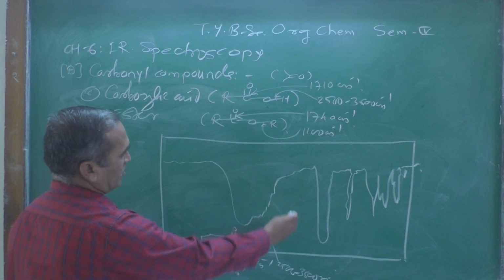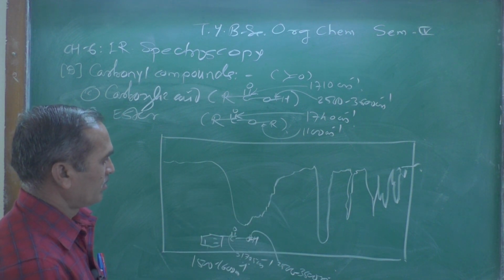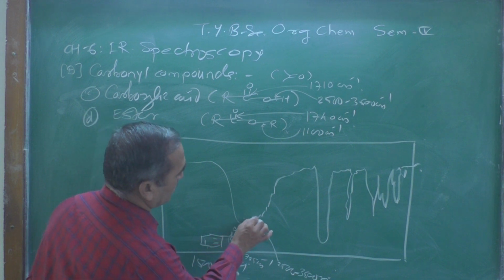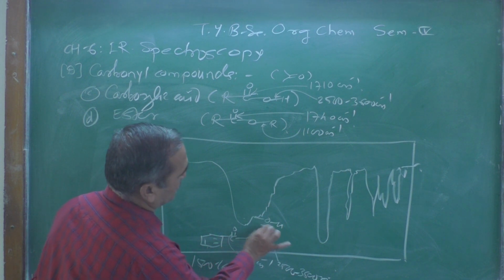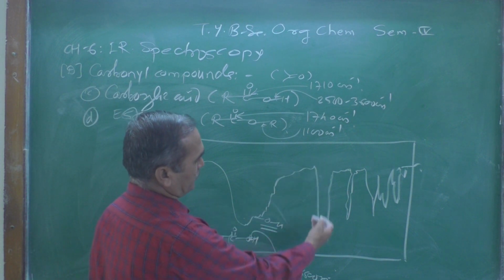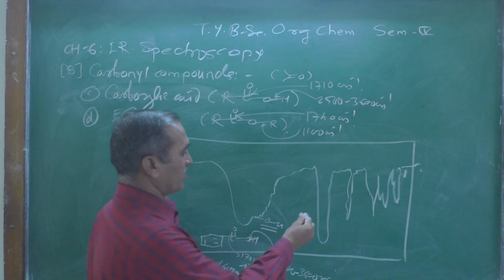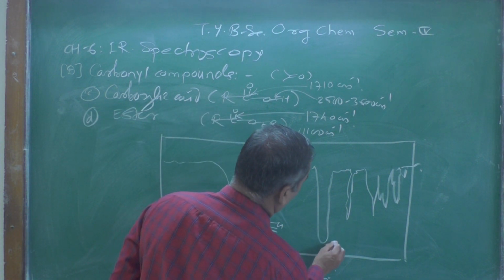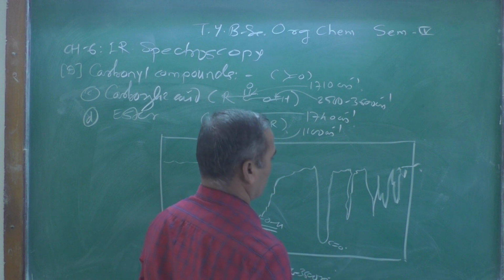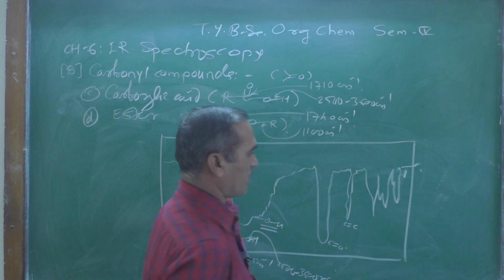If you observe this spectrum carefully, this peak is due to the OH stretching frequency, a broad and strong peak. This is a recognizable peak observed due to the carbonyl group, C double bond O, and look at another peak, this is due to the carbon-carbon double bond.